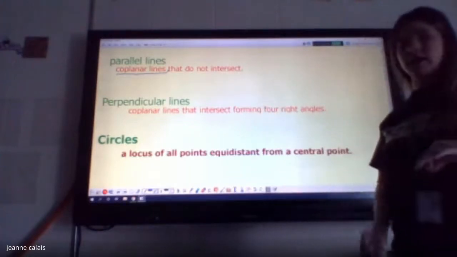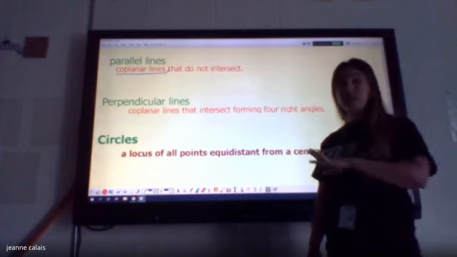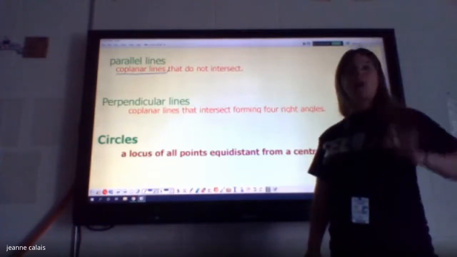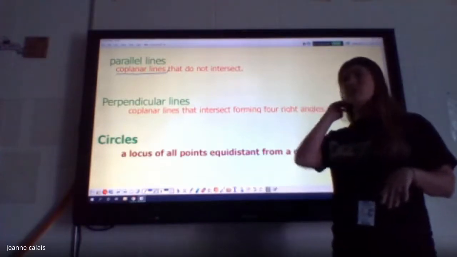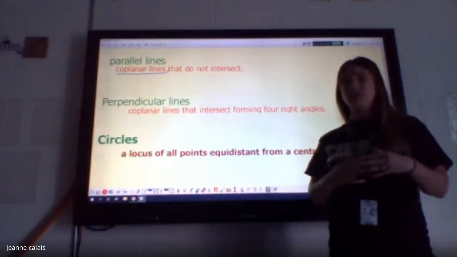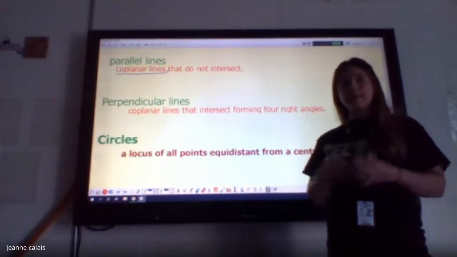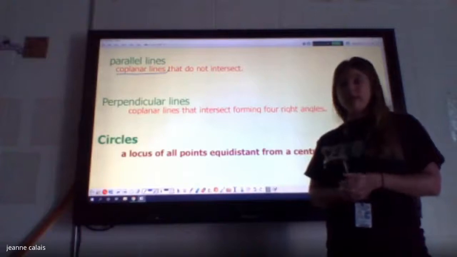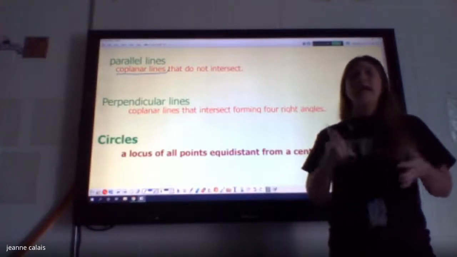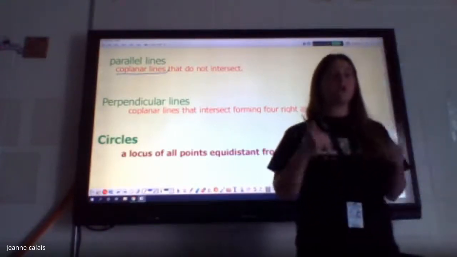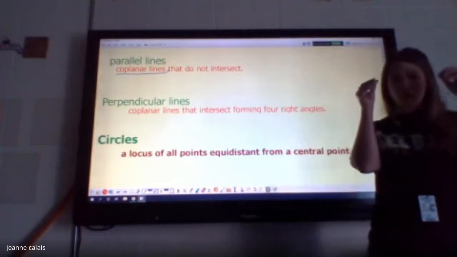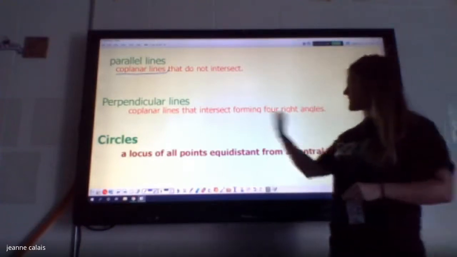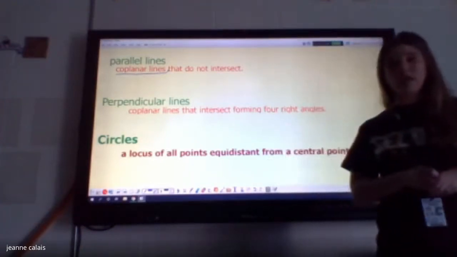All right, perpendicular lines. That is a definition that is forgotten. I don't know why, but when I ask students to give me the precise definition of perpendicular lines, they tell me lines that intersect, or they can't tell me the definition at all. And I preach it and I preach it and I preach it. So I'm asking that you make sure you understand the precise definition right now, okay?